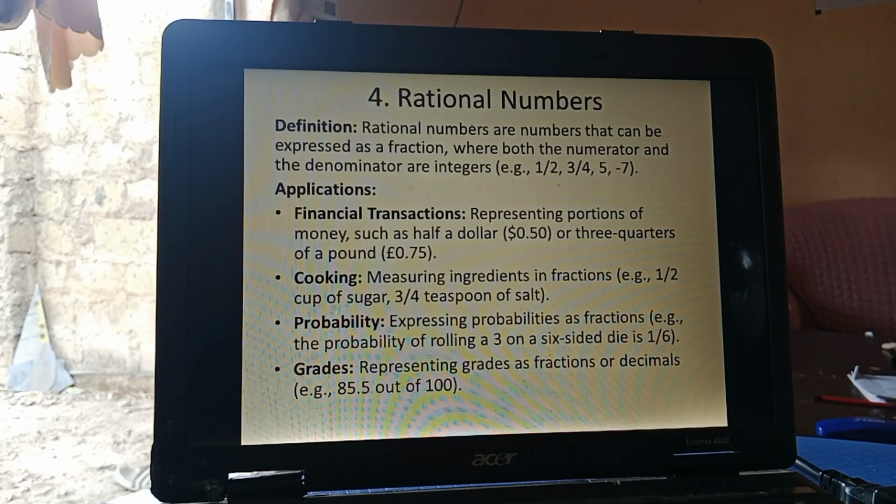Applications. Financial transactions, representing portions of money such as half a dollar, $0.50, or 3/4 of a pound, 0.75 pounds. Cooking, measuring ingredients in fractions, e.g., half cup of sugar, 3/4 teaspoonful of salt.